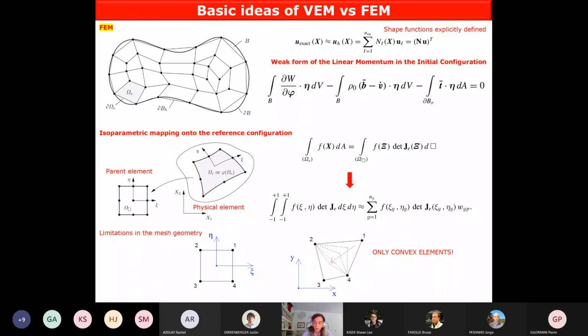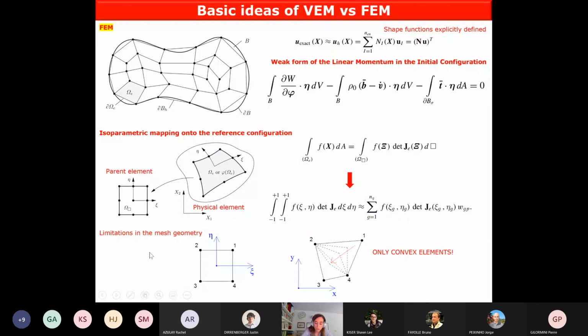Using an isoparametric mapping, the key idea is that one should move from the physical element space, where possibly distorted elements are considered, into the parent element space, where all the integrations are performed, resorting to a numerical integration scheme.